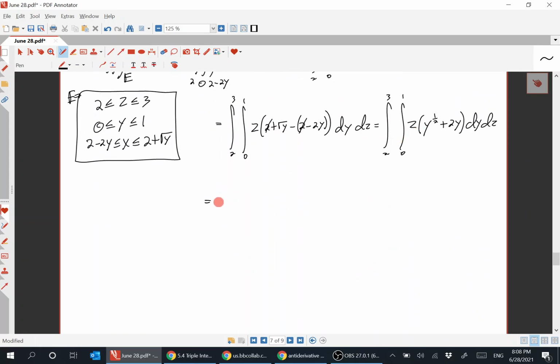Again, z is a constant, so it's just hanging out there. So 2/3 y to the 3/2 plus y squared from y equals 0 to y equals 1, dz. So this is going to be 2/3 plus 1.